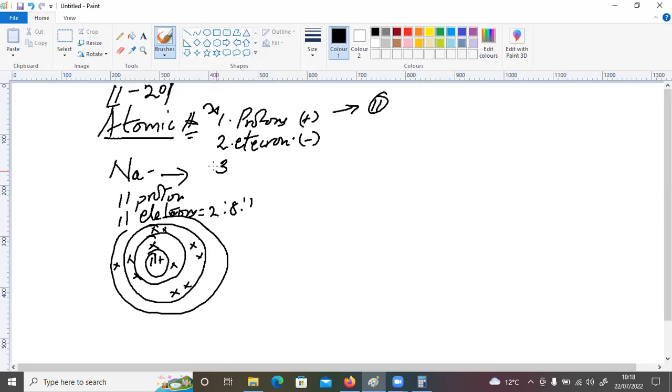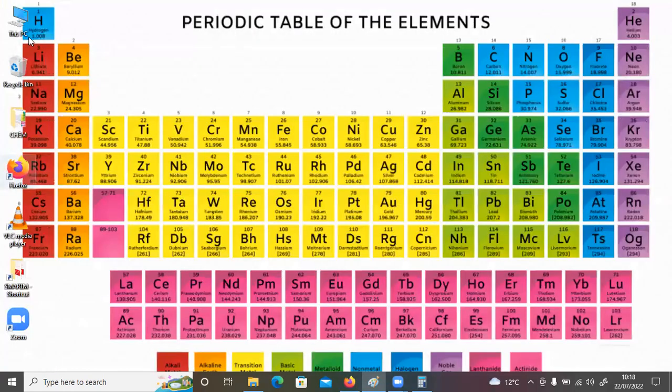And number 3, when I tell you that the atomic number of sodium is 11, you know that it must be number 11 on the periodic table. You know its position on the periodic table. I made sure that I put this periodic table near here.